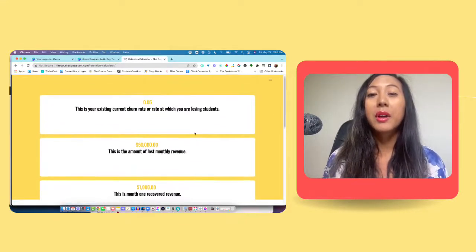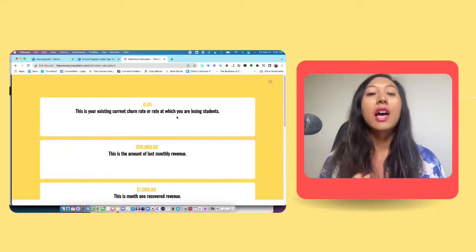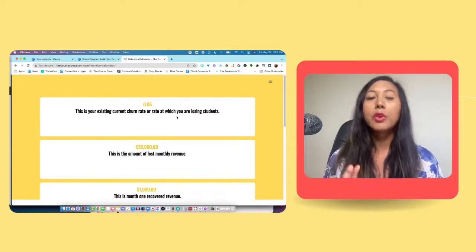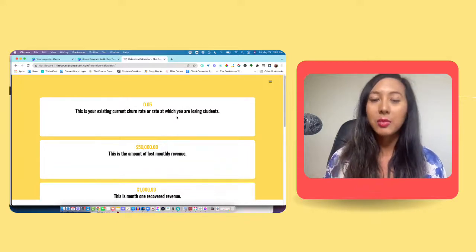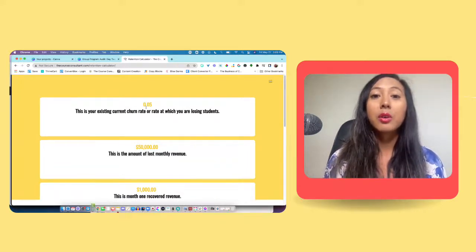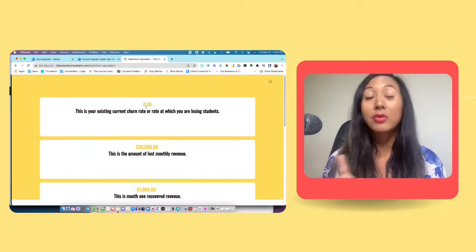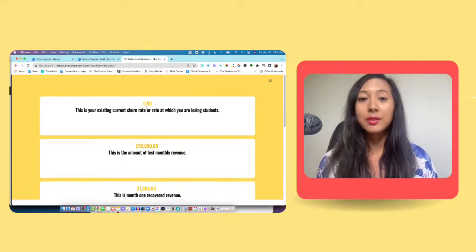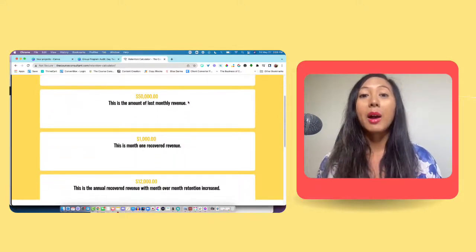So moving back over here, it says that we've punched in the numbers. The existing churn rate, meaning the rate at which we're losing customers from our subscription-based business, is 0.05. That's 5%. That's the rate at which you are losing students. This is the amount of lost monthly revenue.